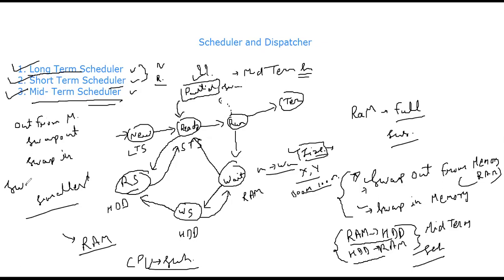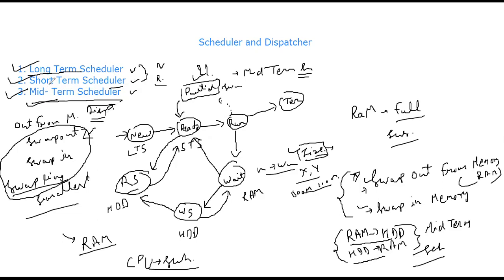Generally it is known as swapping. So the swapping concept is used to send processes from RAM to hard disk and hard disk to RAM. The selection criteria of swapping is handled by the mid-term scheduler, and swapping is actually done by the mid-term dispatcher.